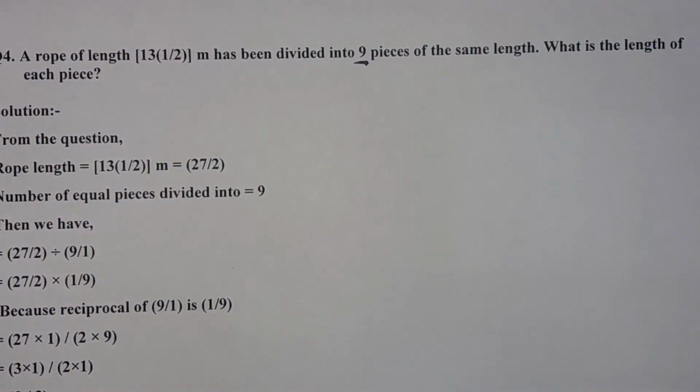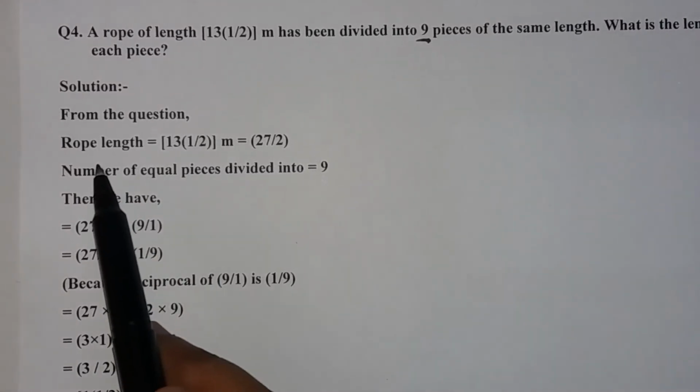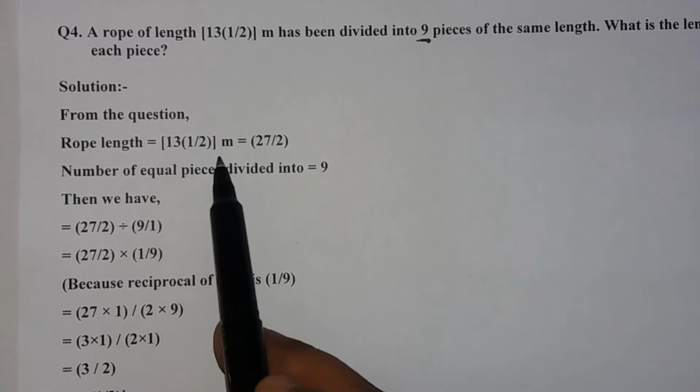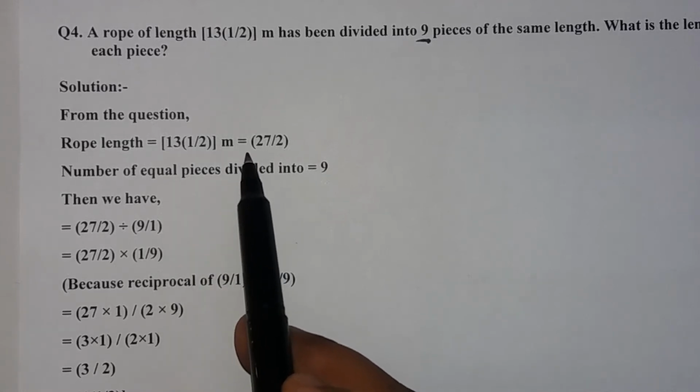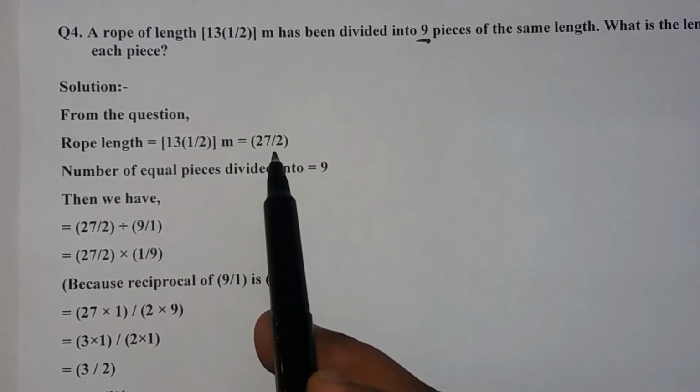So from the question, the given rope's length is 13 whole 1 upon 2 meter. By converting it into an improper fraction, 2 into 13 plus 1 will be 27 upon 2.